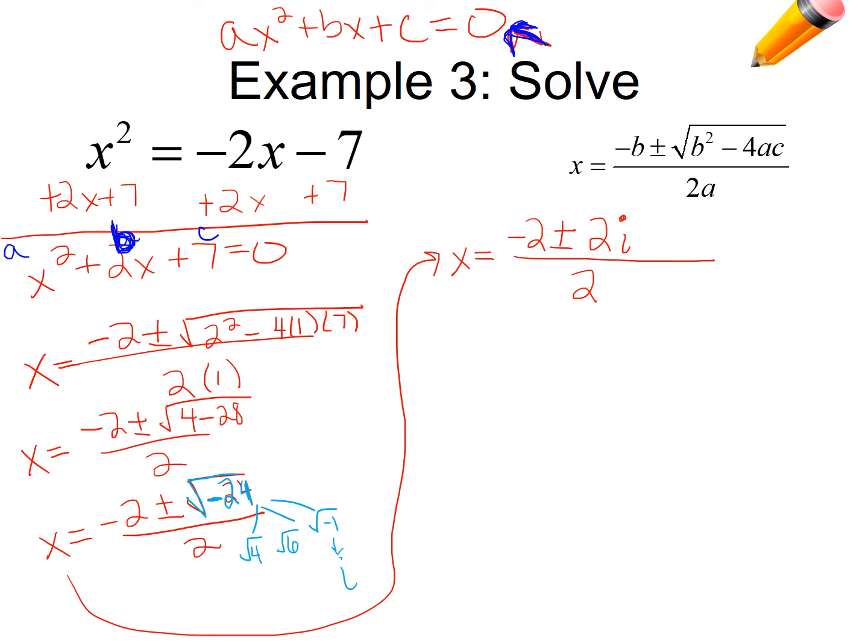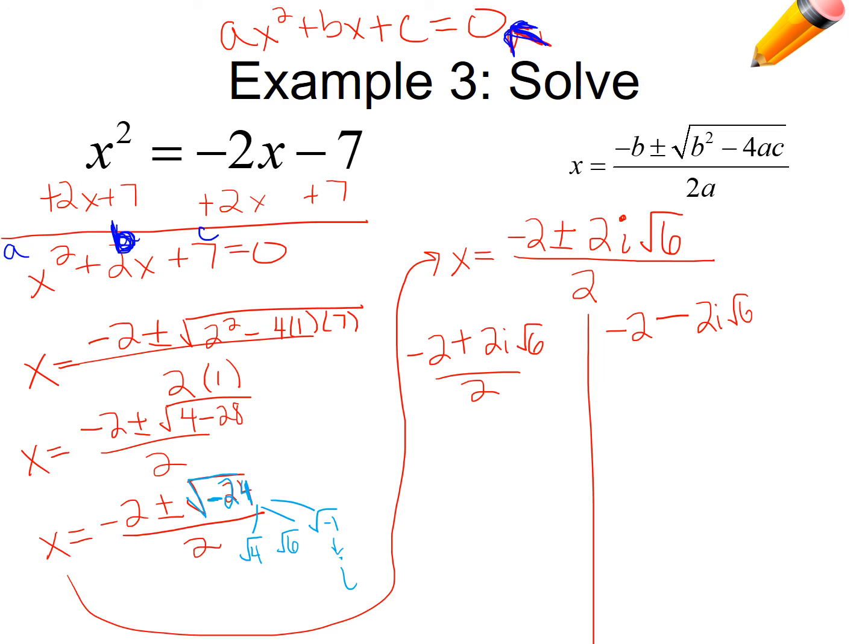Then we have i, right, left with the square root of 6. So we need to break that up into our two solutions. We have negative 2 plus 2i times the square root of 6 over 2, and then negative 2 minus 2i square root of 6 all over 2. I'm just breaking that into my two solutions.